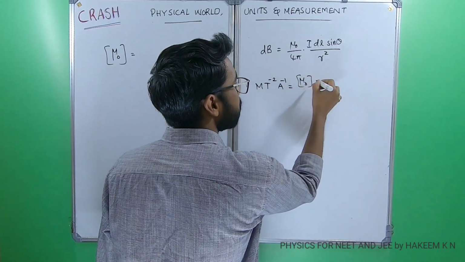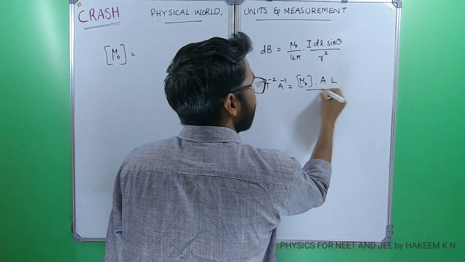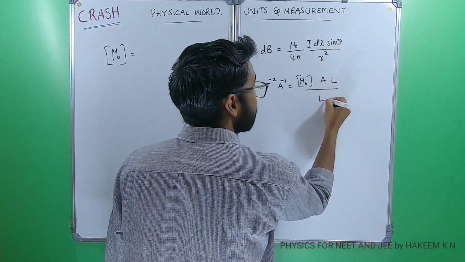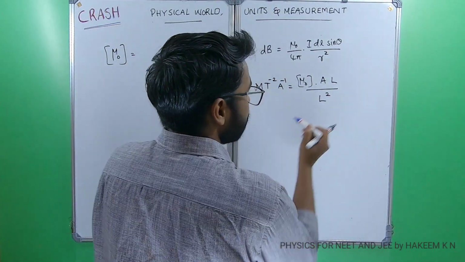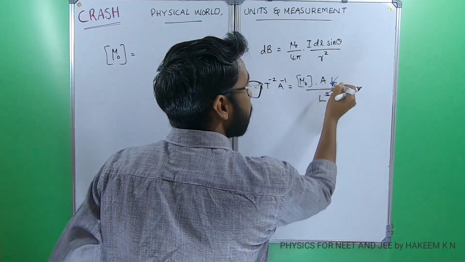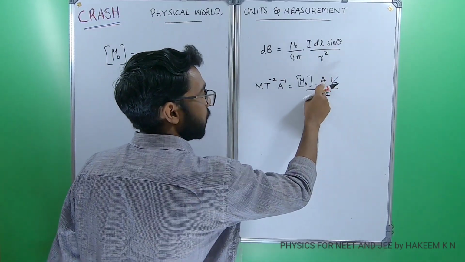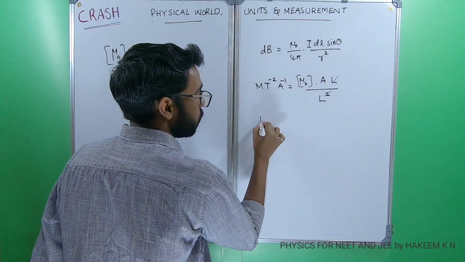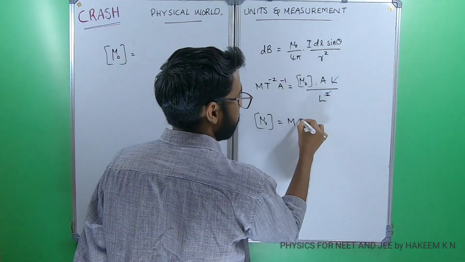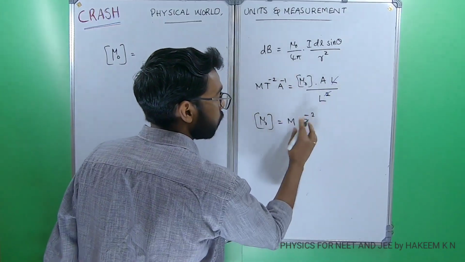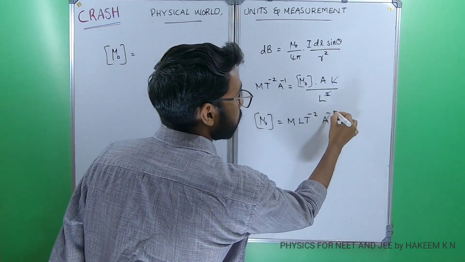We have to calculate IDL sin theta for current A, DL small length L, divided by radius distance square, so it is L square. So what will we get? L square will be L, and this is ampere, this will come here. So the dimensional formula of mu 0 equals M t power minus 2, this L will go, so M L t power minus 2, A power minus 2.